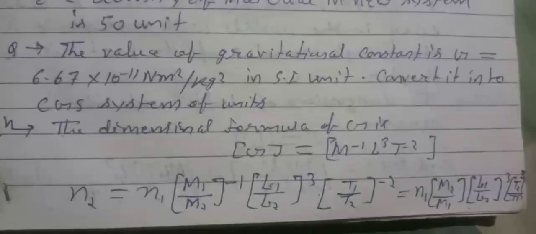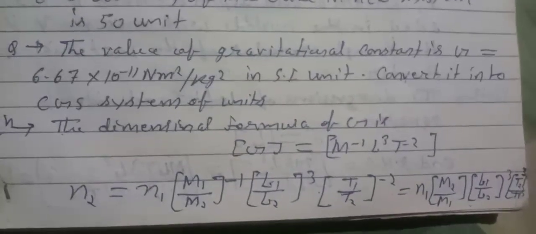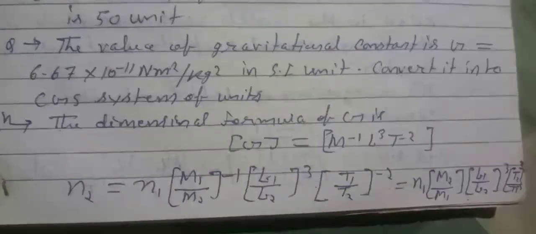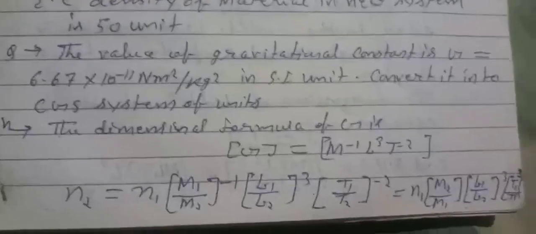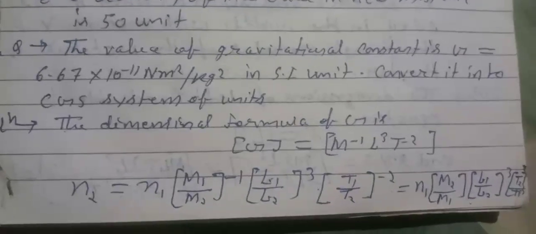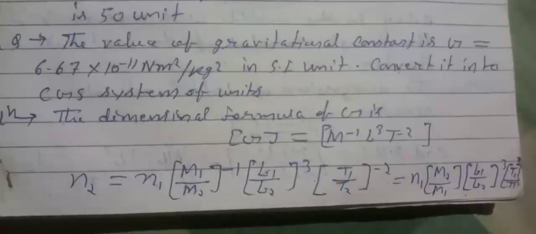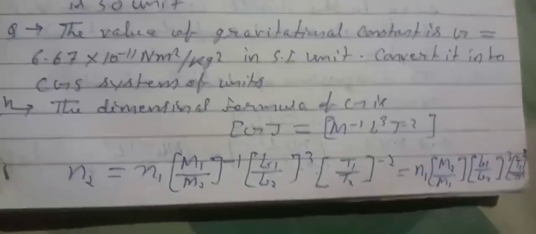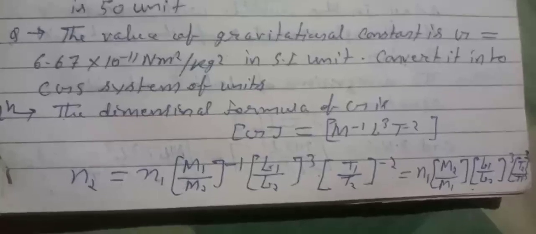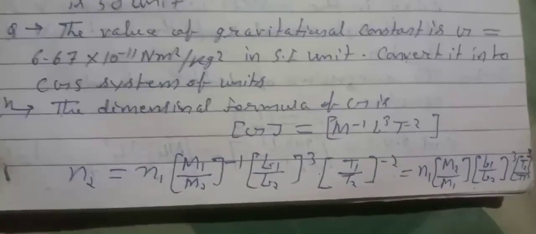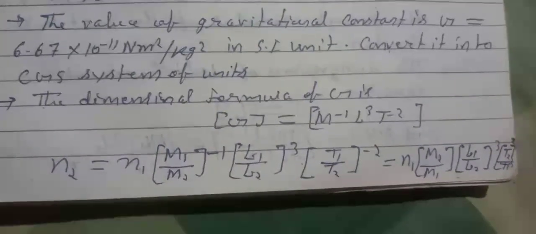The value of gravitational constant is G equal to 6.67 into 10 to the power minus 11 Newton meter square per kg square in SI unit. Convert it into CGS system of unit. The dimensional formula of G is M to the power minus 1 L to the power 3 T to the power minus 2.